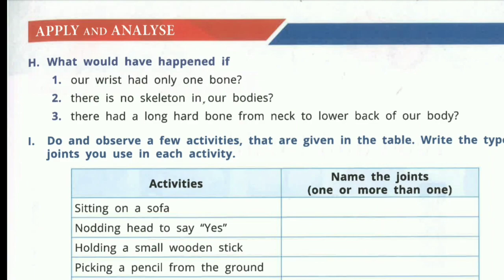Next you have, what would have happened if there had been a long hard bone from neck to lower back of our body? That means a fixed, hard, non-movable backbone. So what would happen?